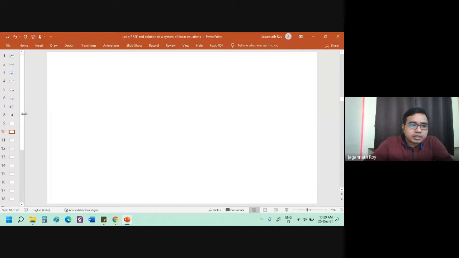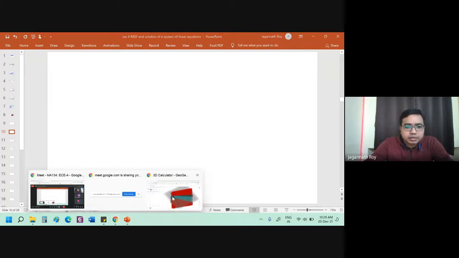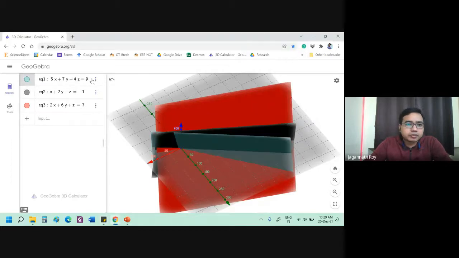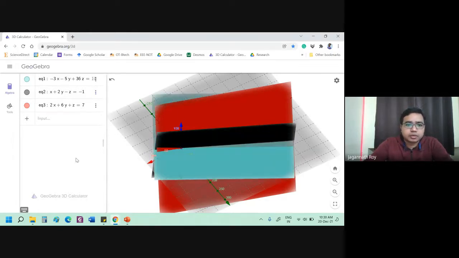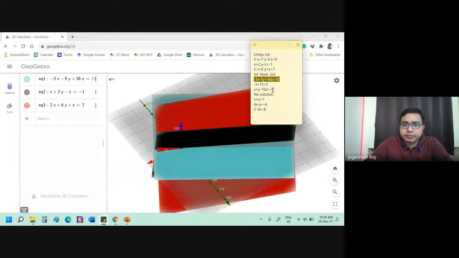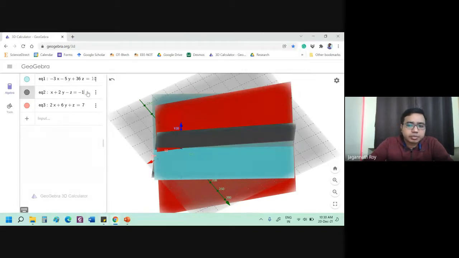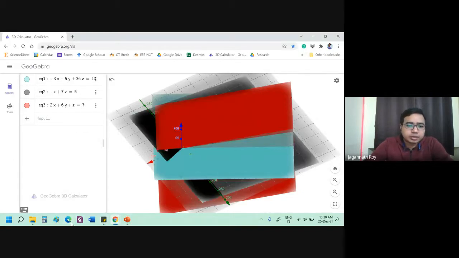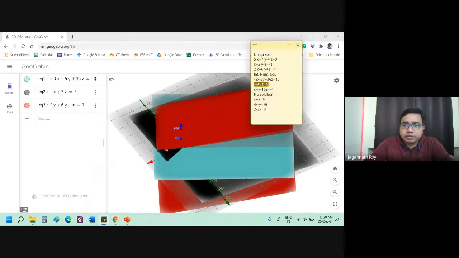Now we will see another example, for which we have, for example, an infinite number of solutions. Okay, this one. Then there are three equations again. And then the third equation is this one.